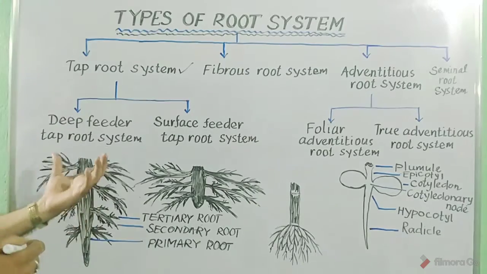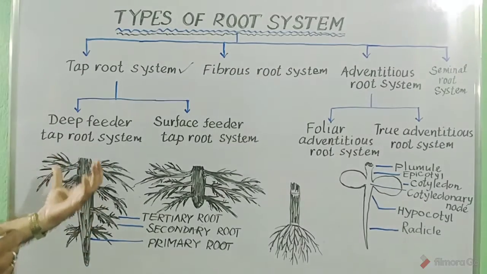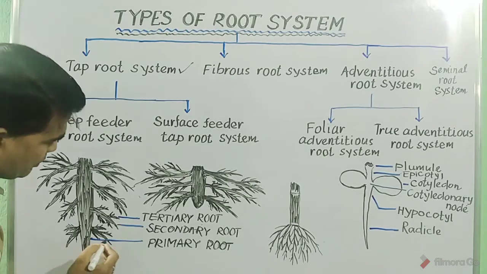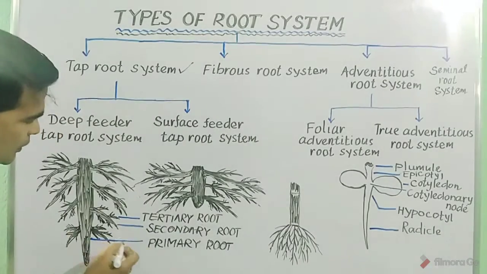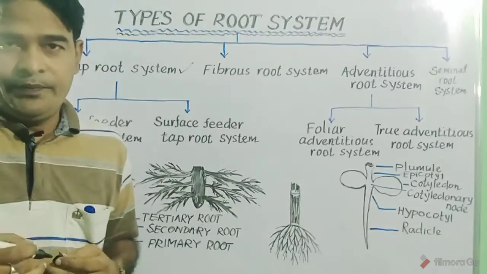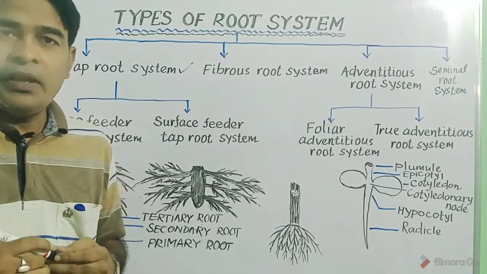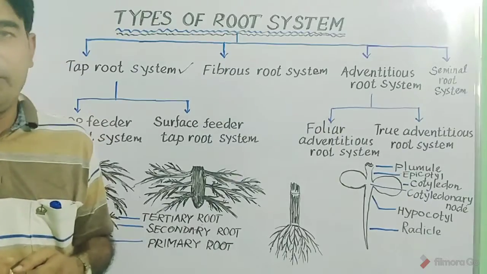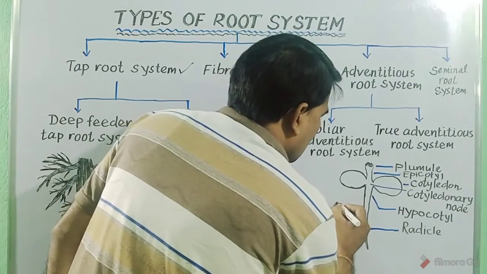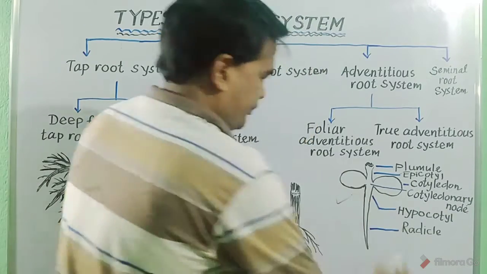This is a diagram of taproot system. Here, this is the primary root which develops from the radicle of the embryo. This is a diagram of an embryo.